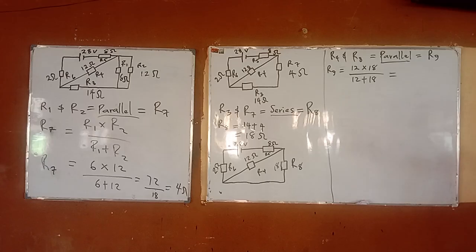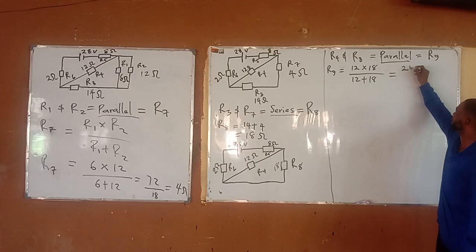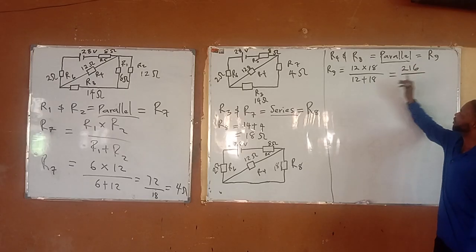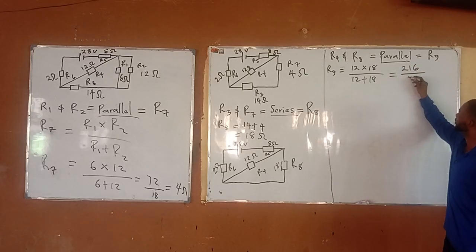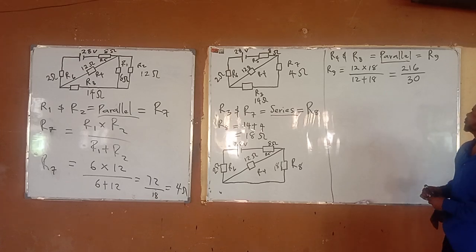When did I say we use this? Once we see that the circuit has just one voltage, is it not what I said? Remember it. So 12 times 18, what do you have? 216, all over 30. Punch for me.